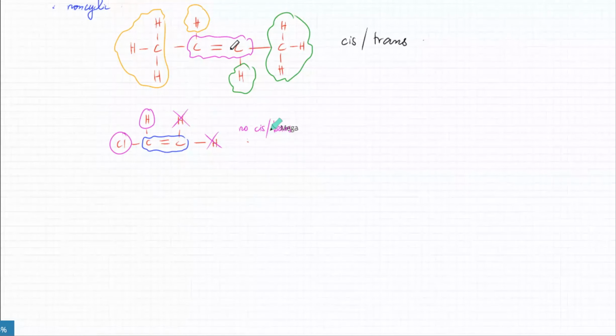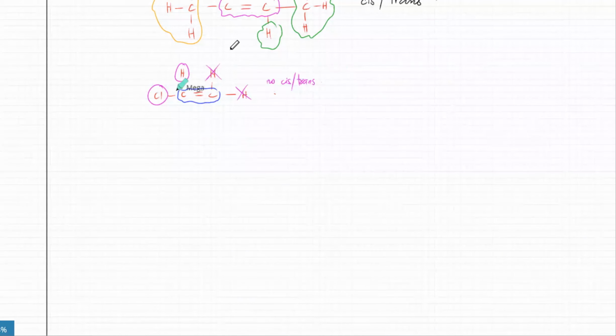So now we're going to discuss what is cis trans. When you have a double bond, carbon is sp2 hybridized, which means carbon is bonded to just three atoms, like a fan. There's an atom over here that's pulling an electron to the right.